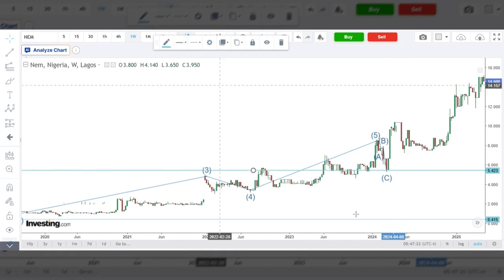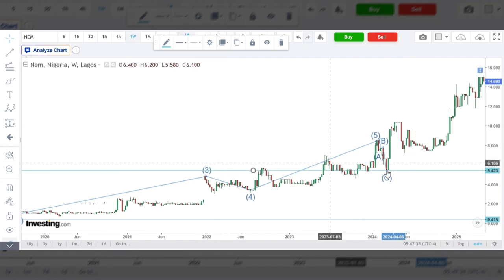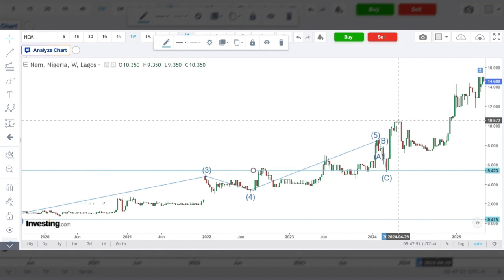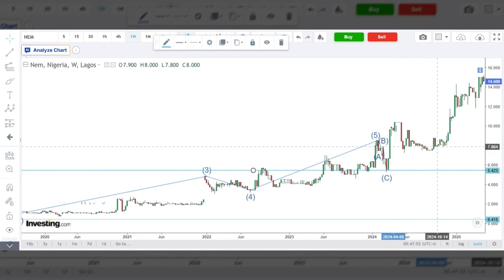So you can see this support level here. That is why this is a very strong support level. And you can see this was also a former resistance for even number three itself. So starting from here is actually a good number one. You can see this is one already, and this is two, which should end around here. So we're going to start counting from here.